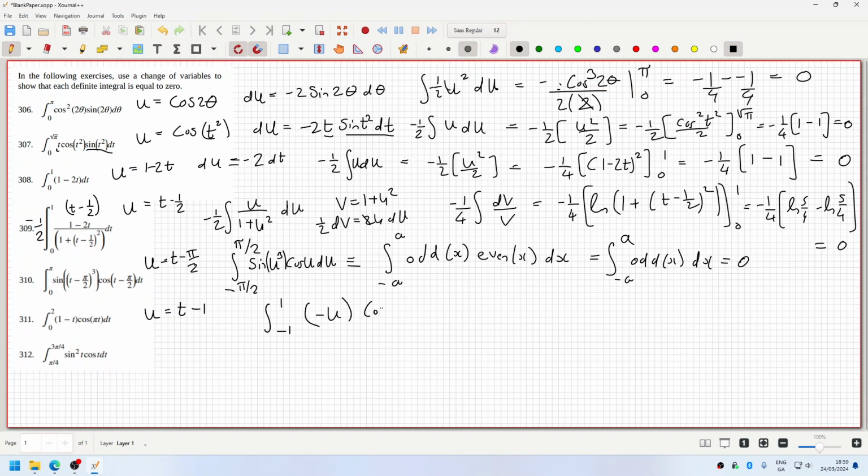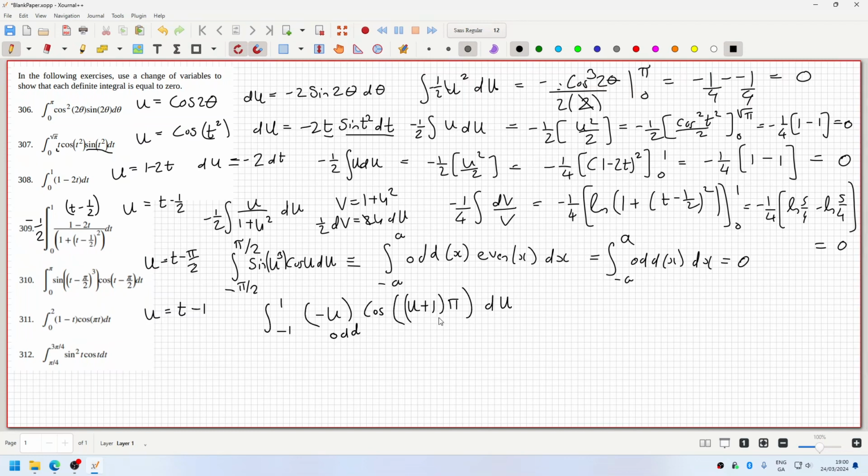And then that's cos of pi t. So that would be t is u plus 1. So that's u plus 1 times pi. And then du equals dt. So that's an odd function for sure.